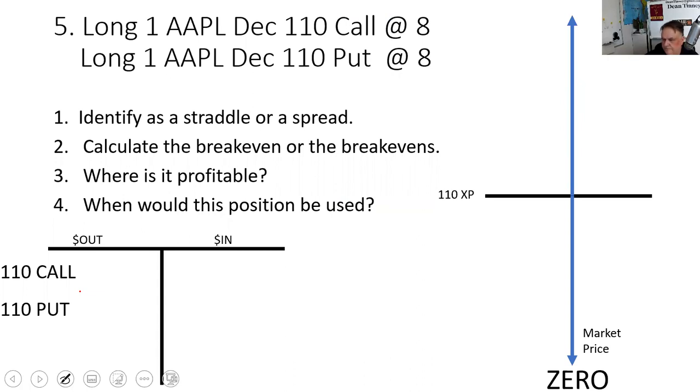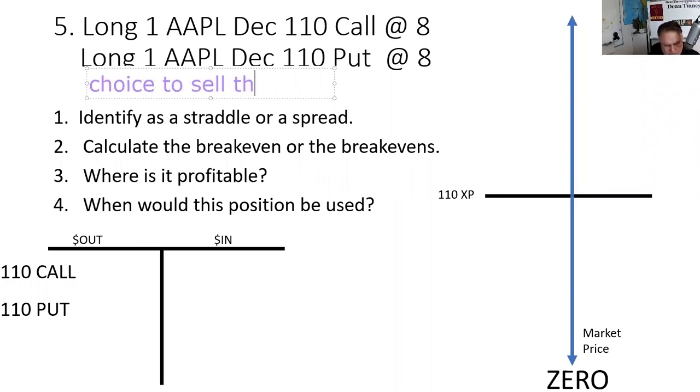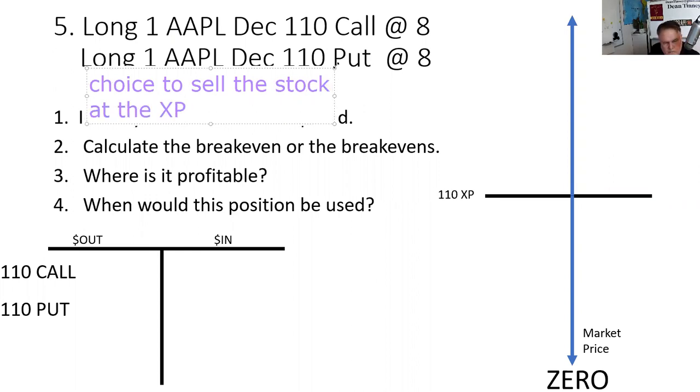All right. So again, I think these are pretty straightforward on the test, but I always like to say, okay, what am I looking at? I'm looking at a choice to sell the stock at the strike price. That's what that is.